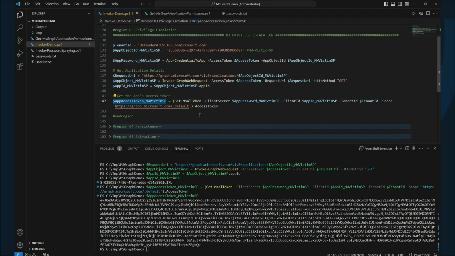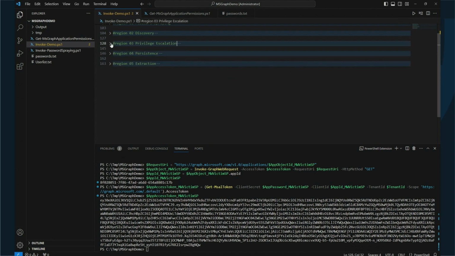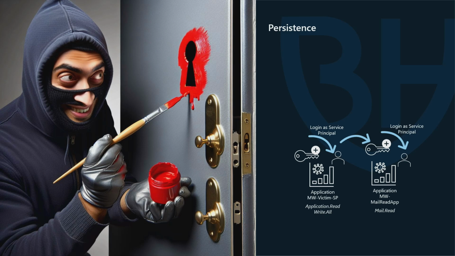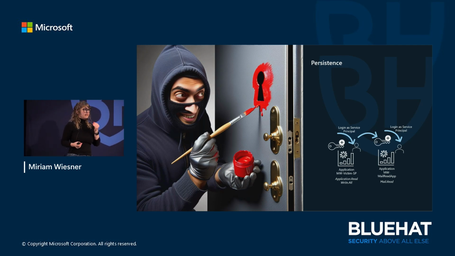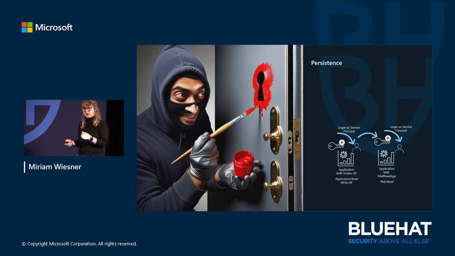And you see, we do have the access token. As a next step, now that we have an application that controls all other applications, we found out that there is an application that has mail read permissions. And this is exactly what we need to fulfill our goal.